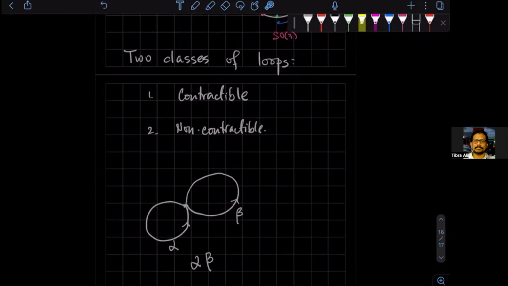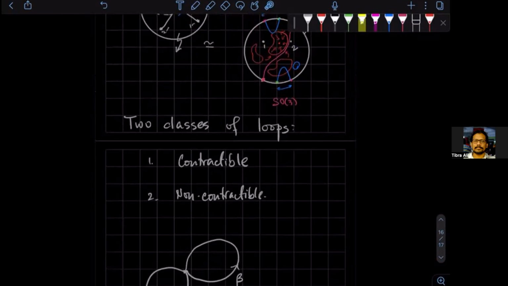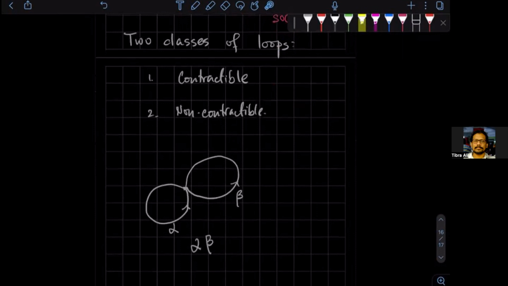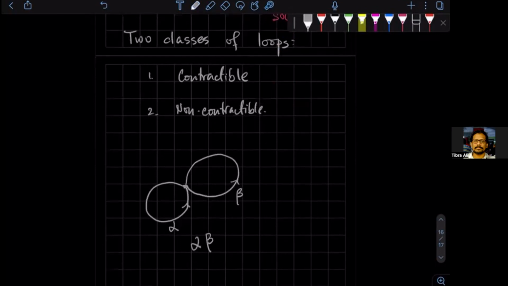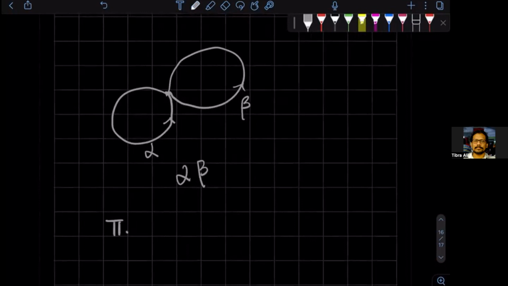And so you can give a group structure to this space of loops on a manifold. And that group is called pi1. It's called the fundamental group, the fundamental homotopy group.